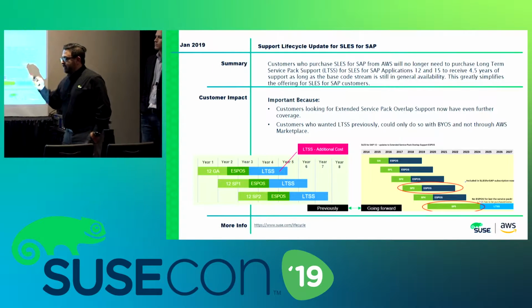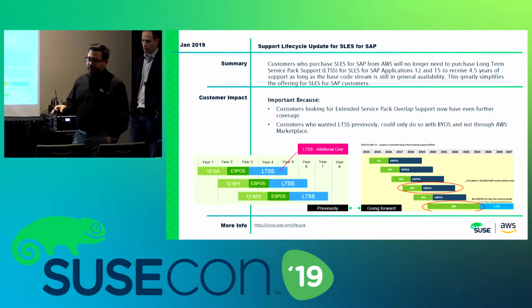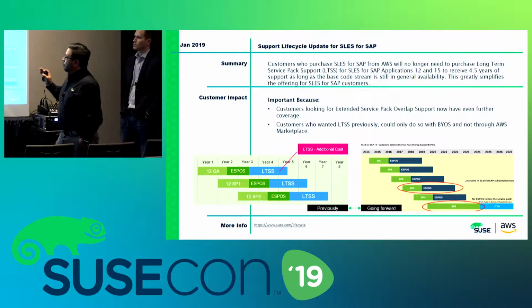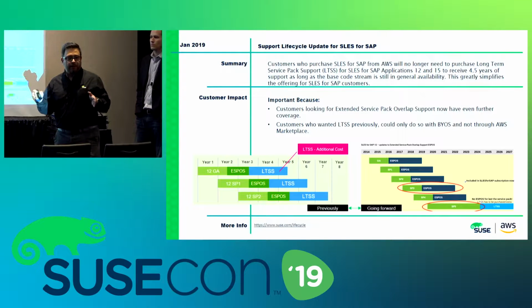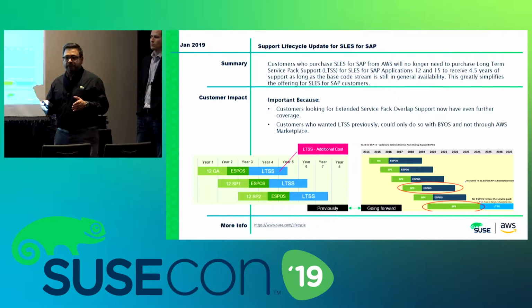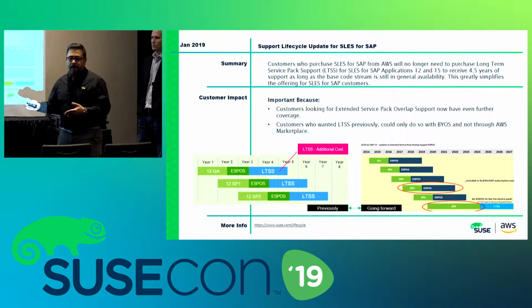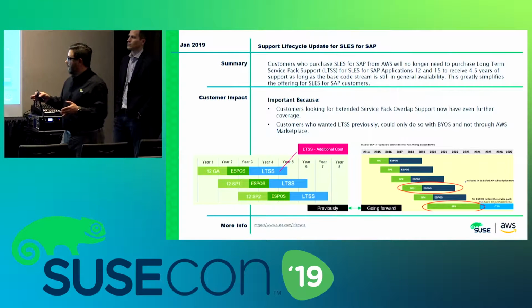A recent change that was announced in January was the update for the support lifecycle for SLES for SAP. Previously, we had an 18-month service pack support, SPOS, so it's extended service pack overlap support. And you had a total 18-month standard life cycle with that.